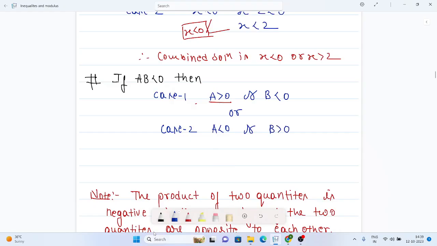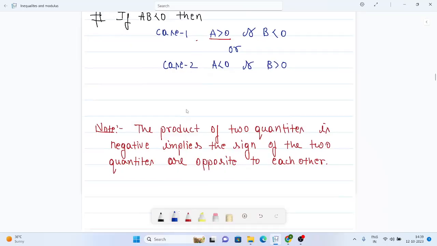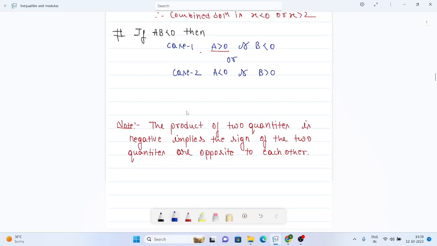Only in these two cases AB is less than 0. It means the product of two quantities is negative, which implies the signs of the two quantities are opposite to each other. I take a similar example. If I want the product of two numbers to be less than 0, one must be positive and one must be negative. So it gives 2 times minus 3, which is minus 6, less than 0, or minus 3 times 2, which also gives minus 6, less than 0.